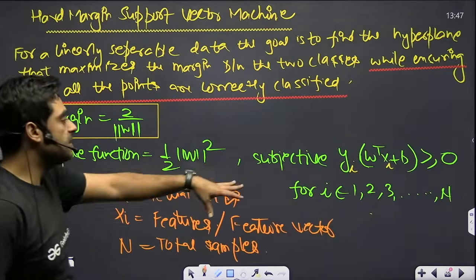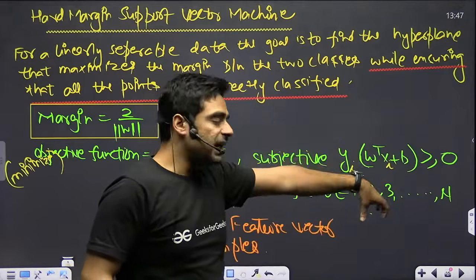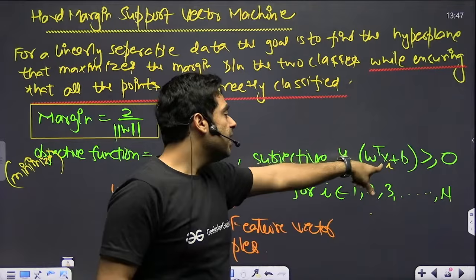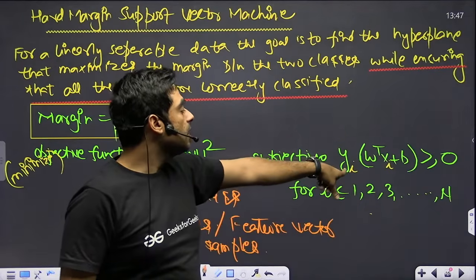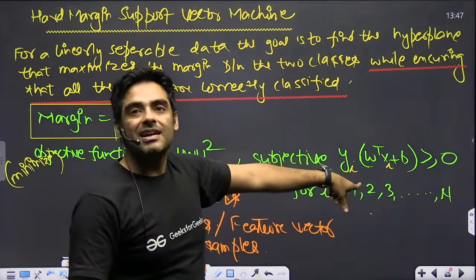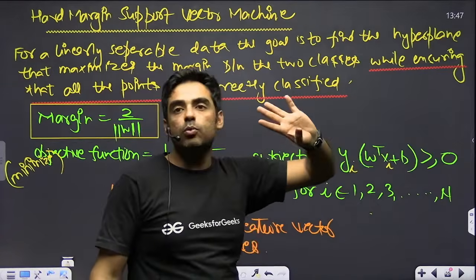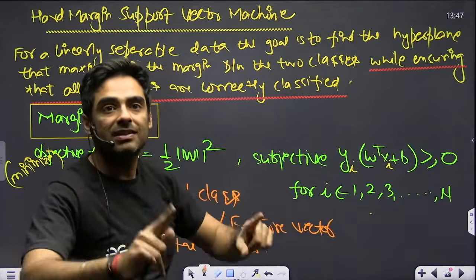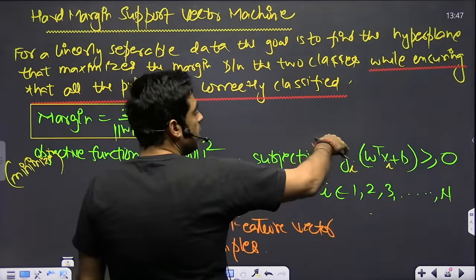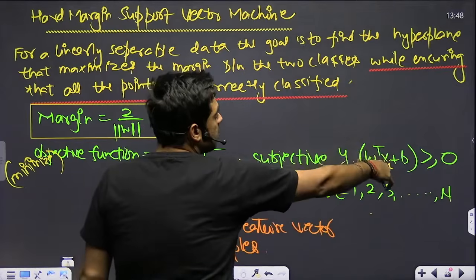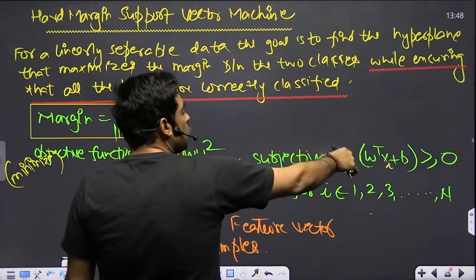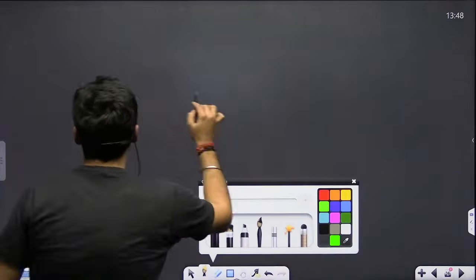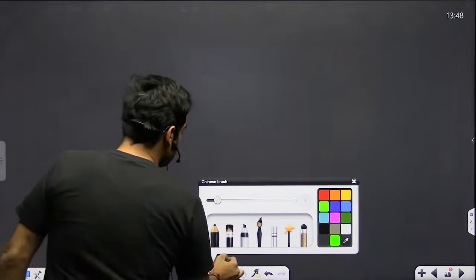तो अब आप किसी भी पॉइंट को उठा लीजिए. You pick any point randomly, put this ith point here along with that point's class, and you would always get greater than or equal to 0, because every point is correctly classified.